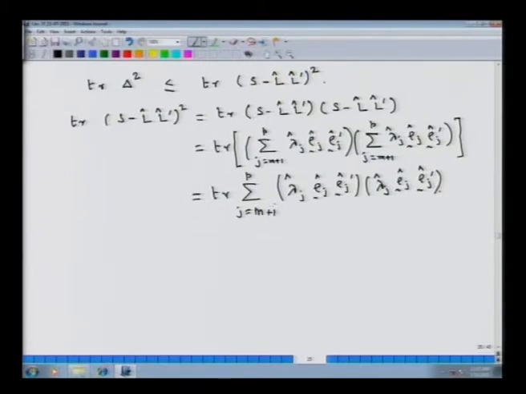All other terms for which the indices in these two summations differ will be equal to 0 because of the orthogonal properties of these E j vectors.